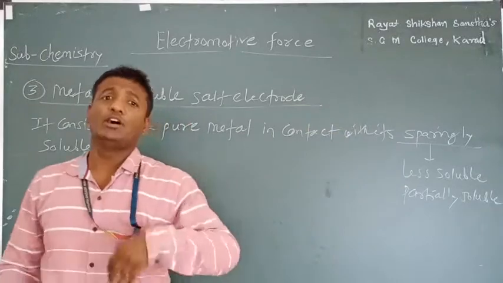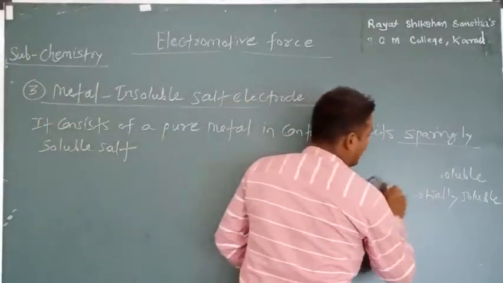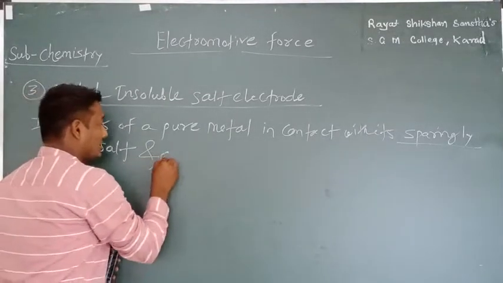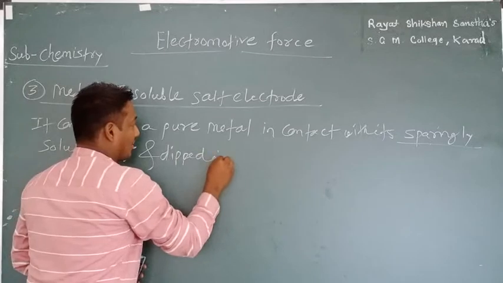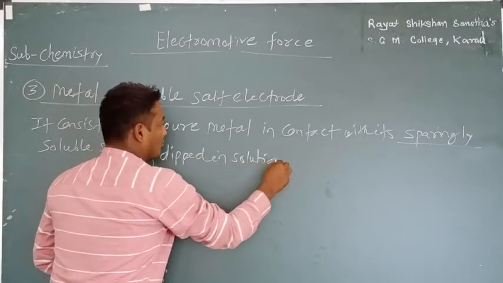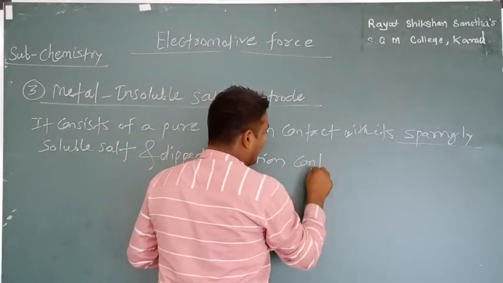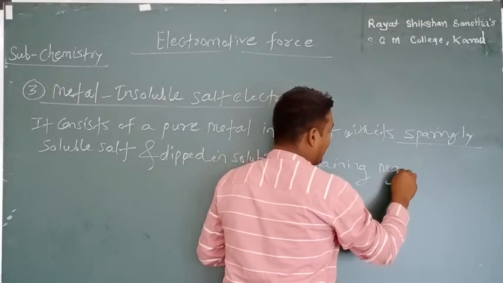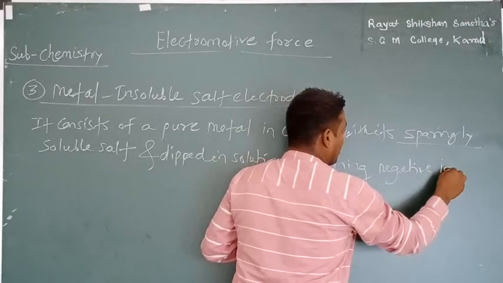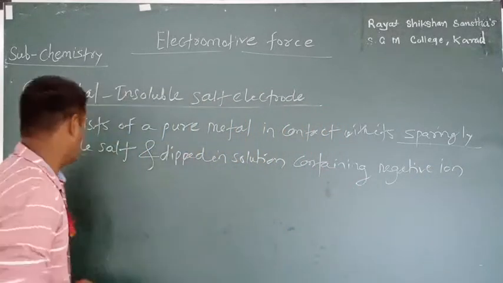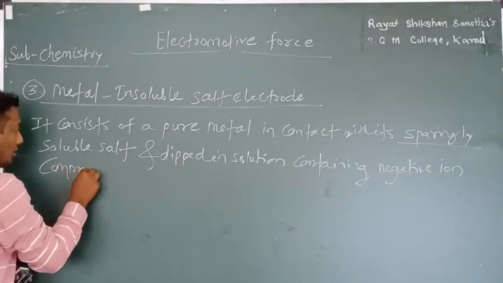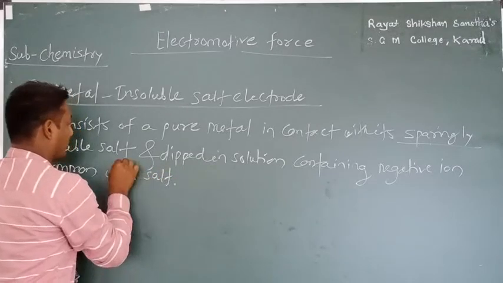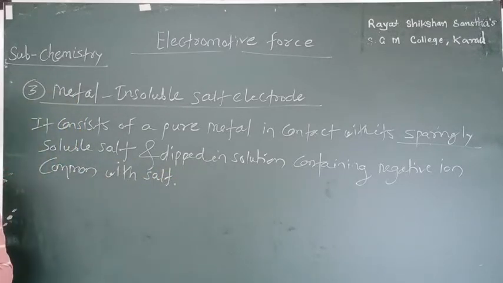So it consists of pure metal in contact with sparingly soluble salt and dipped in solution containing negative ion common with the salt. This is the introduction of metal insoluble salt electrode.